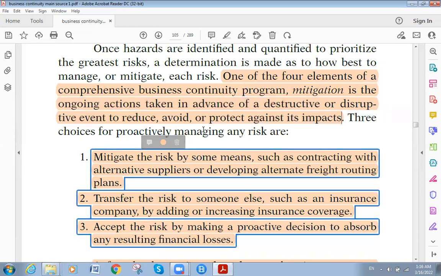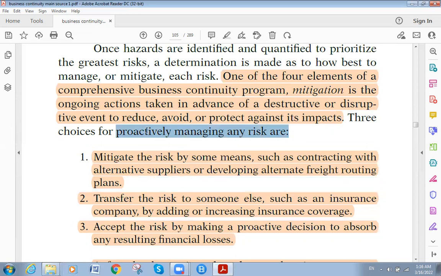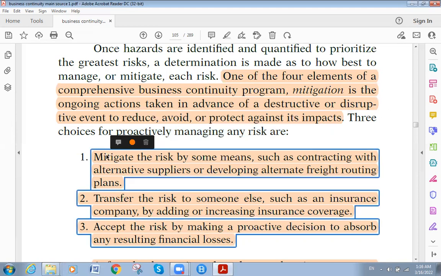We have three choices here for proactively managing any risk or mitigating the risk. The first is to try to reduce the risk.